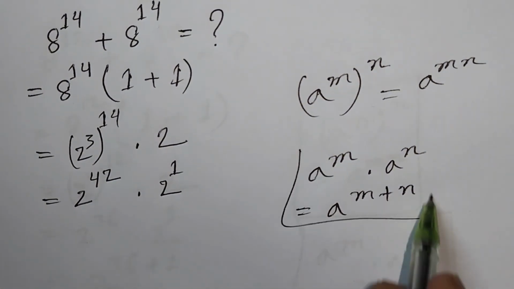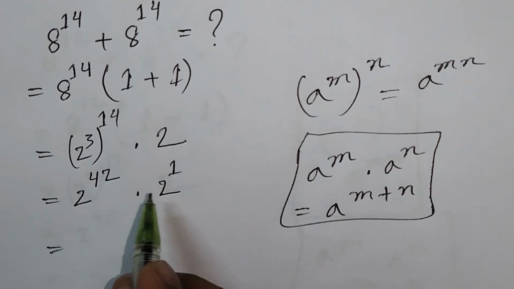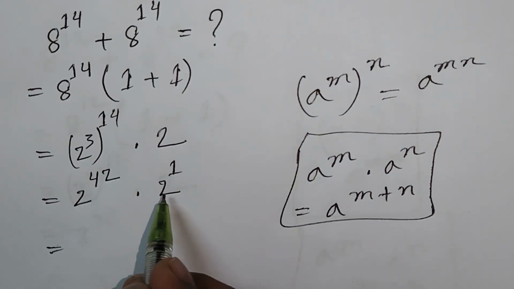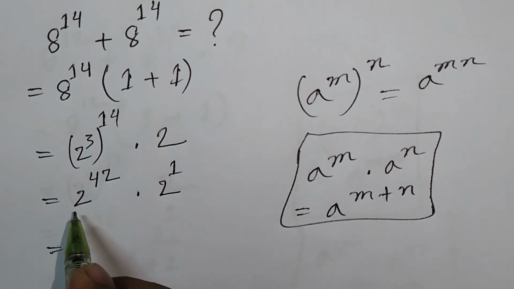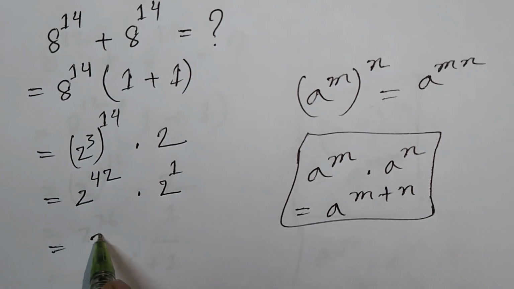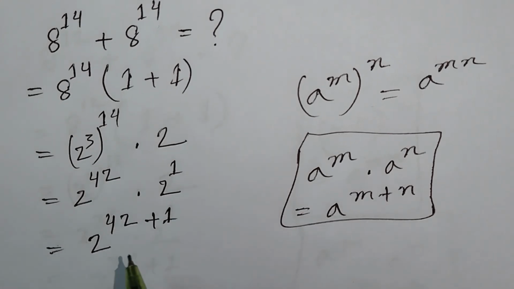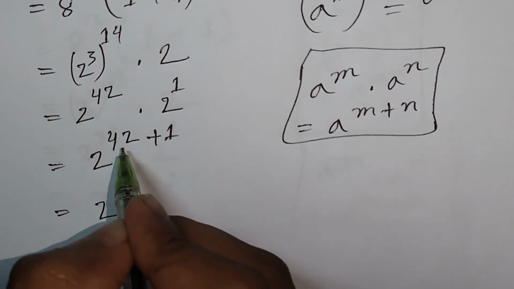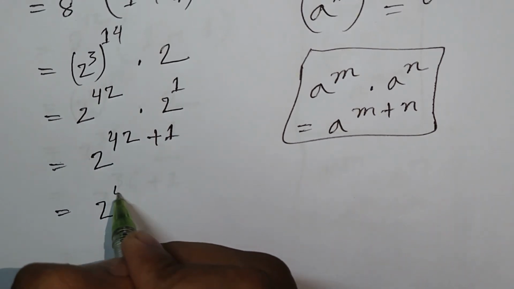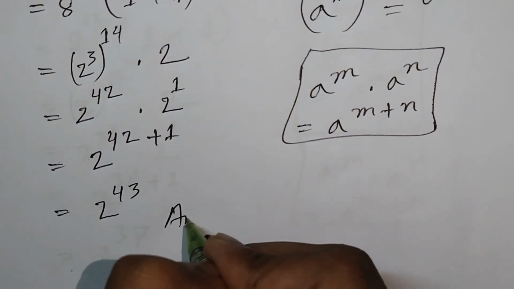So according to this rule, 2 and 2 are the same base but different powers. So we can write here 2 to the power 42 plus 1, that is 43. This is the final answer.